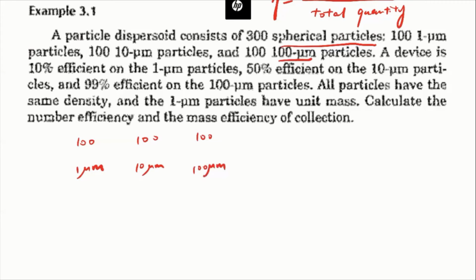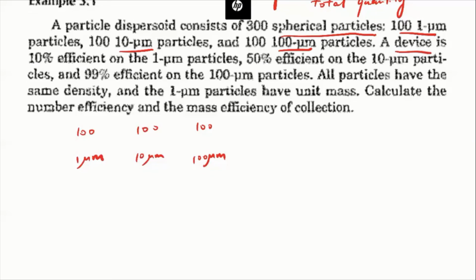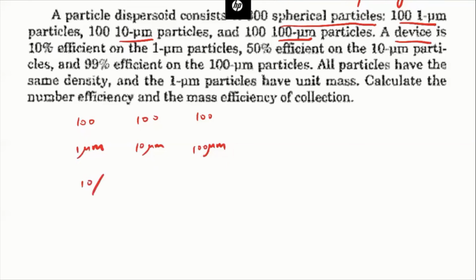Let's say we have a control device that is 10% efficient for the 1 micron particles, 50% efficient for the 10 micron particles, and 99% efficient for the 100 micron particles.